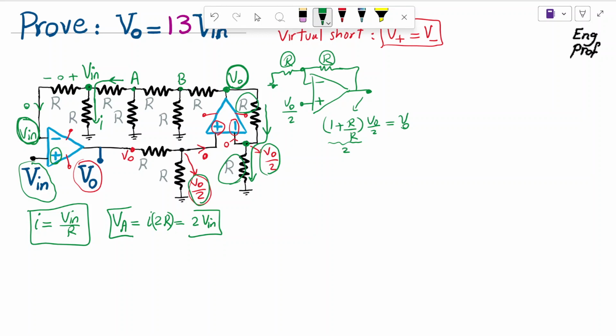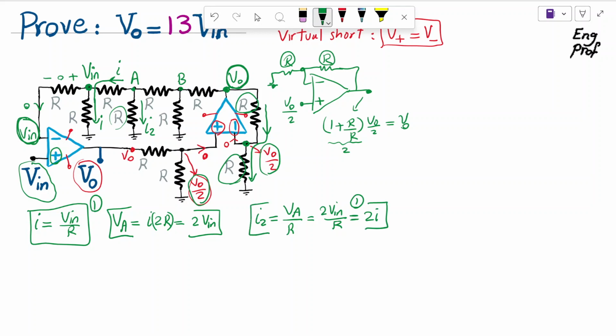Now there is this current I flowing from node A down to the left side. Now what is this current that is going downward? Let's name it current I2. So what is I2? Well, I2 is simply VA divided by the resistor R. VA is 2 times V in, divided by resistor R. So obviously, considering equation 1, you can see that it's 2 times I, because V in over R is I. Great.